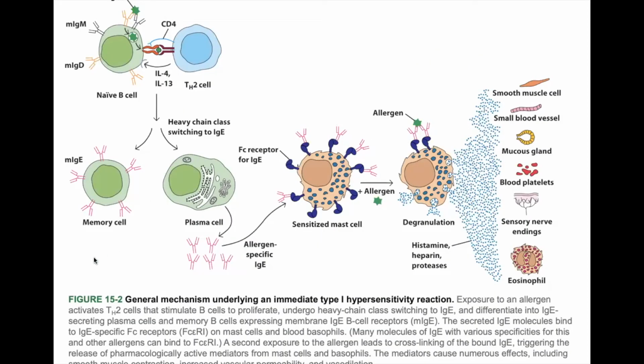So the general mechanism of a type 1 response, again, these are classically a more immediate response. So within minutes of being exposed to the allergen, you're going to start to see the symptoms.